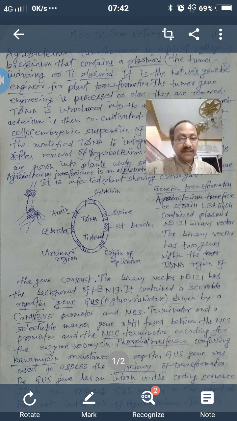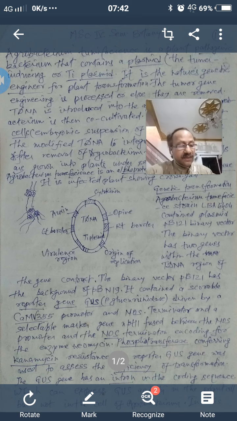Kanamycin is very important here to participate in transformation. The reporter GUS gene was used to assess the efficiency of transformation.